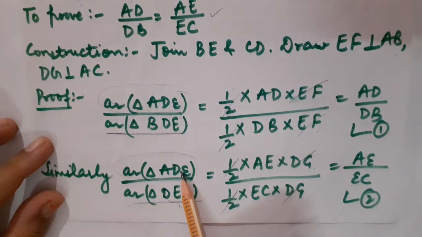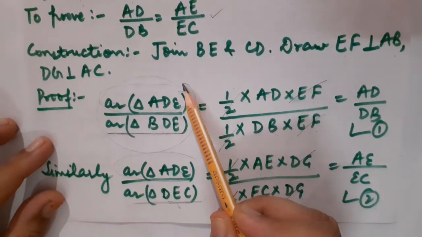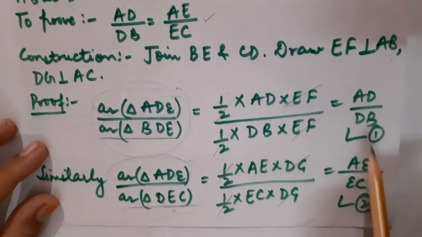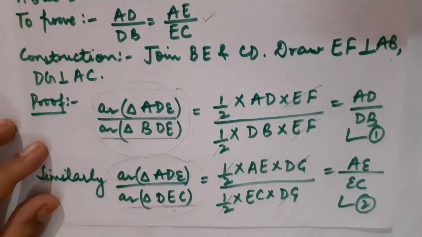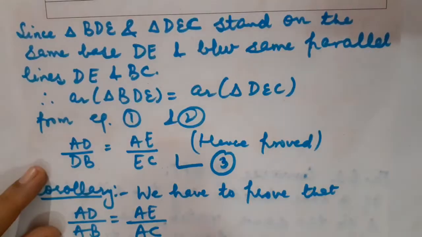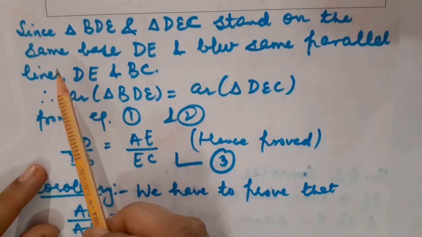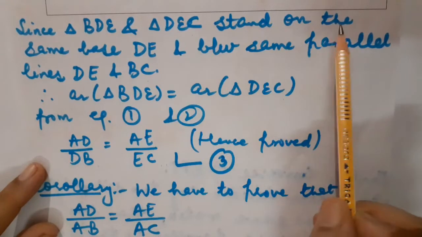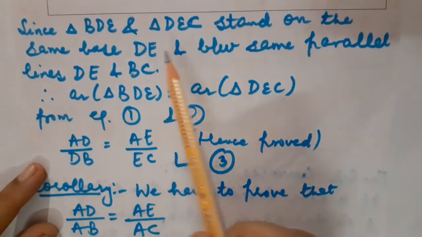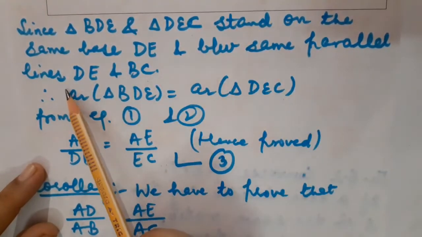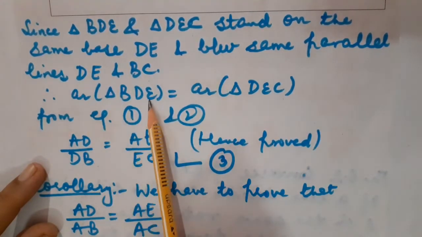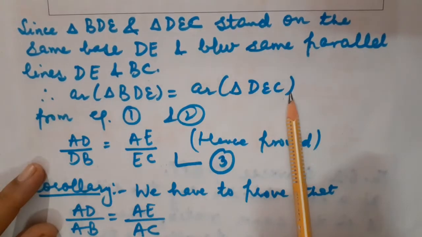That is also the same. So if the left hand side of equation number 1 and the left hand side of equation number 2 are the same, then can we say that their right hand sides will also be the same? Correct? Now I am going to show you through notes. Since triangle BDE and triangle DEC stand on the same base DE and between the same parallels DE and BC, the area of triangle BDE must be equal to the area of triangle DEC.